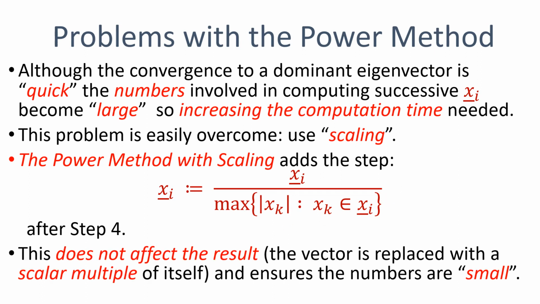Now, this doesn't affect the result because all we are doing is we are replacing our current vector with a constant scalar multiple of itself. And by adding this step, this ensures that the numbers we are dealing with don't become too large, that they remain fairly small throughout the computation process.